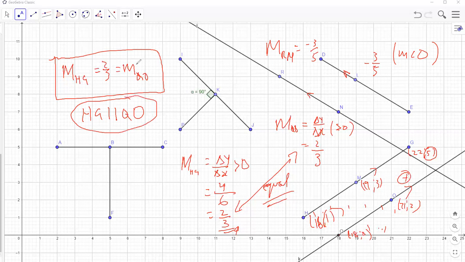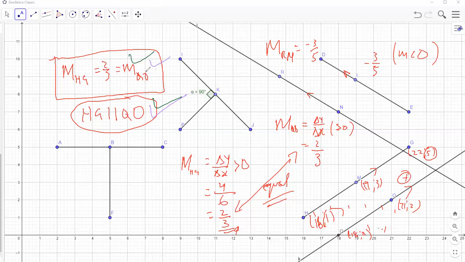One important fact as I close: we studied parallel lines and we just proved that the gradients of parallel lines are equal. Watch for this in your exam, guys. If the examiner tells you that the gradient of one line is equal to another line, you must conclude that those lines are parallel. Or if the examiner tells you the two lines are parallel, then you must be able to conclude that the gradients are equal.